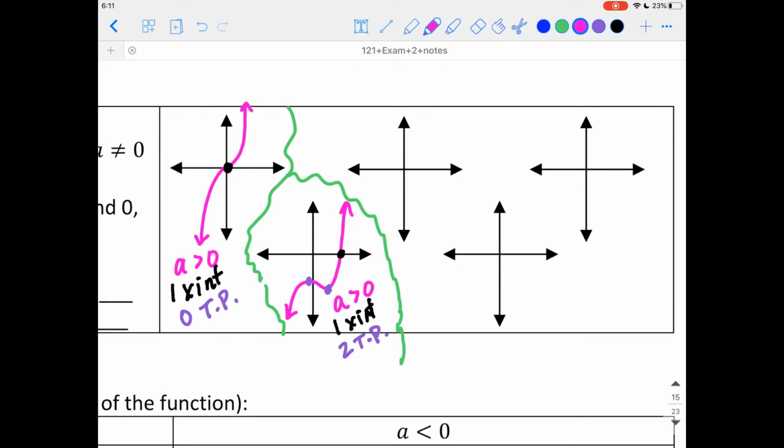Another kid that we can have, something like this. Our A is greater than 0 still. We have 2 x-intercepts. And we have 1, 2, 3, 4 turning points.